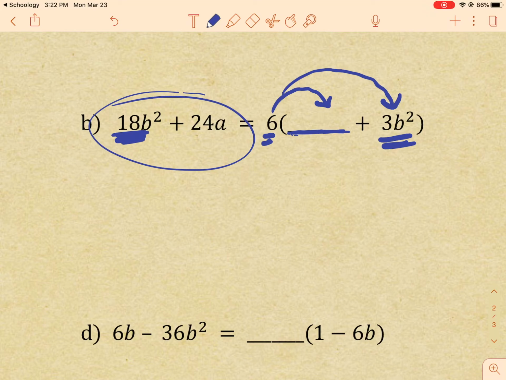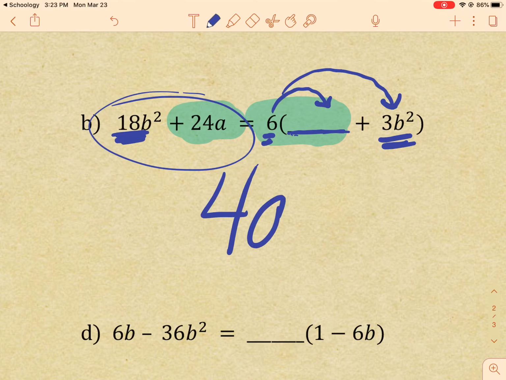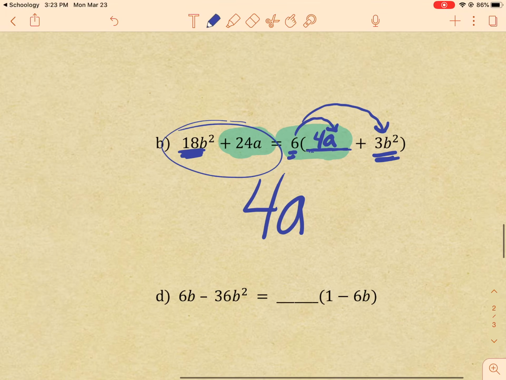So those match up. So what I'm really looking at is 6 times what gives you 24a. Well, 6 times 4 is 24, and then there's an a there, so I'm getting a 4a, which would be in there. So you're trying to find that missing piece to get them to match up.